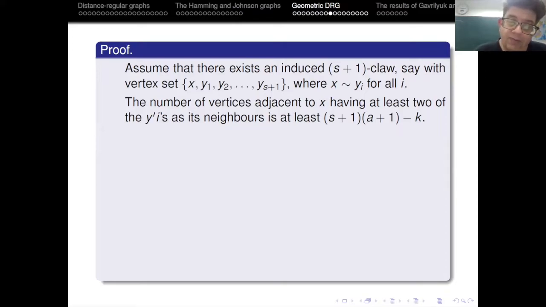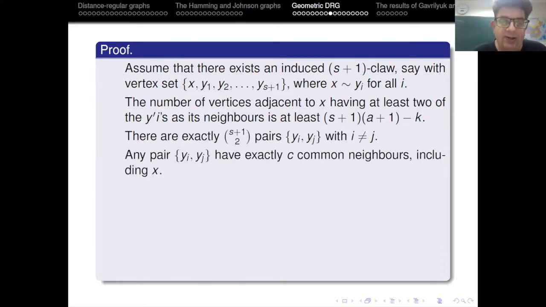Because you have (s+1)(a+1) vertices that are adjacent to y1 to y_{s+1}, including the vertices y1 to y_{s+1} themselves. We have at most k vertices in the local graph. So that must mean that those vertices have at least 2 neighbors among the yi, because there cannot be anything else.